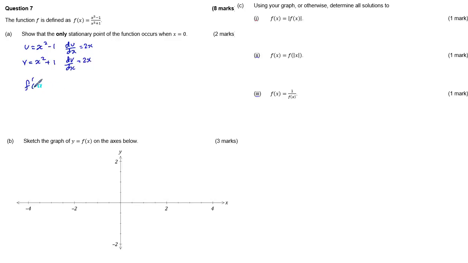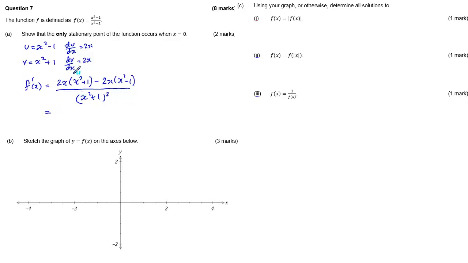So f dashed x would be v du dx, so that's 2x times (x squared plus 1), take away u dv dx, so that's 2x times (x squared minus 1), all over v squared, so that's (x squared plus 1) squared.